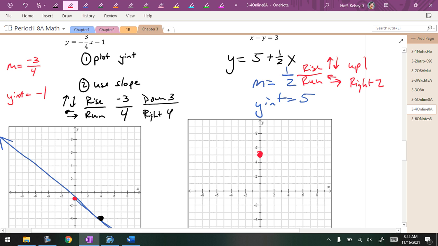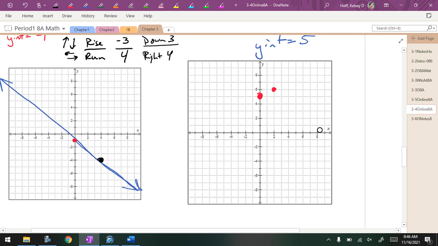So put your pencil on your y-intercept. Go up 1, right 2. Put a dot. Then you will use the line tool to connect these. My line is terrible. Sam's is way better than mine.